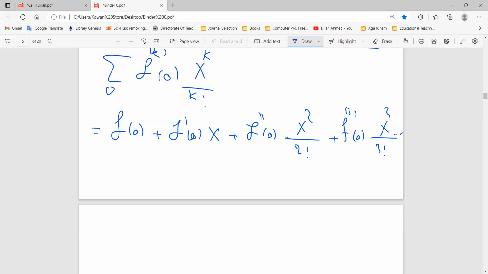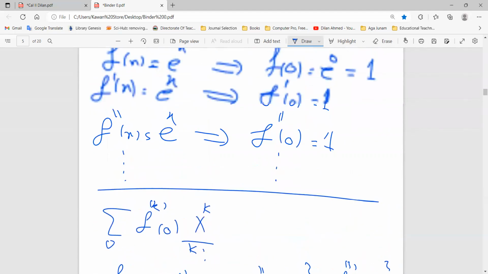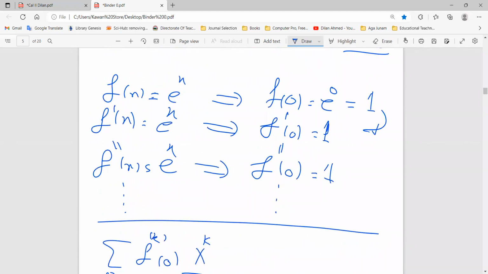So f of 0 is 1, f prime is 1 multiplied by x, f double prime, what is it equal to? Yes, it's the e to power x function.